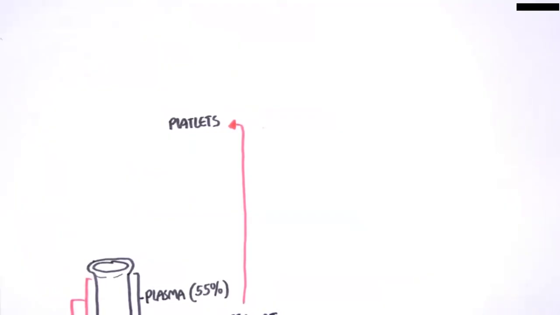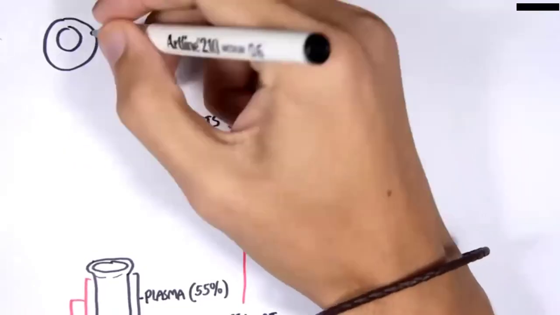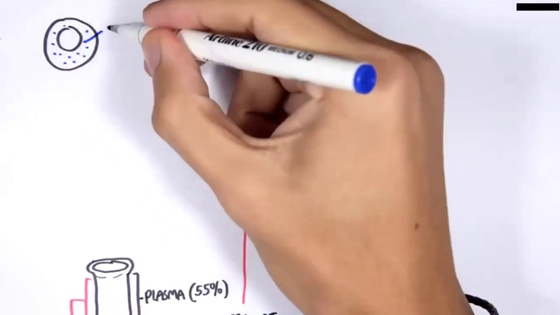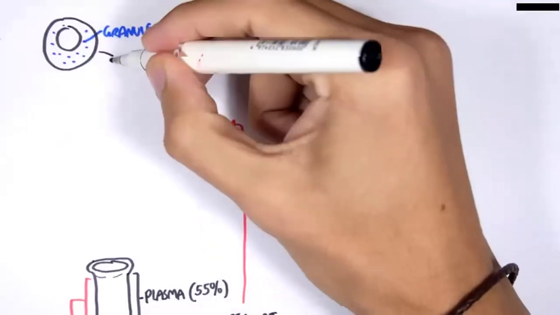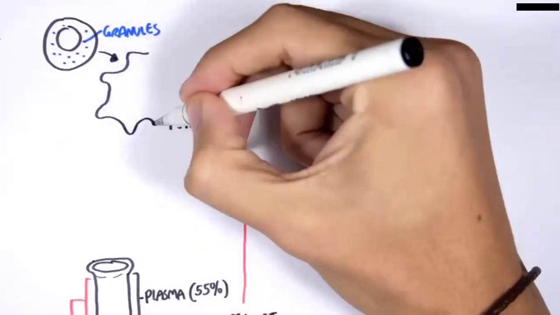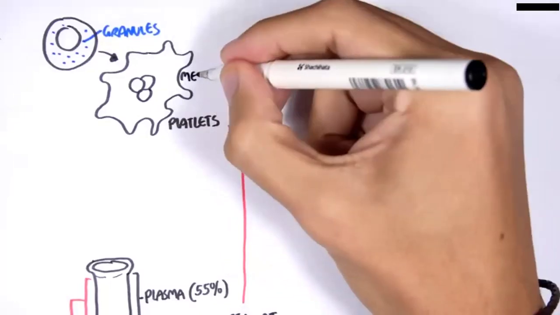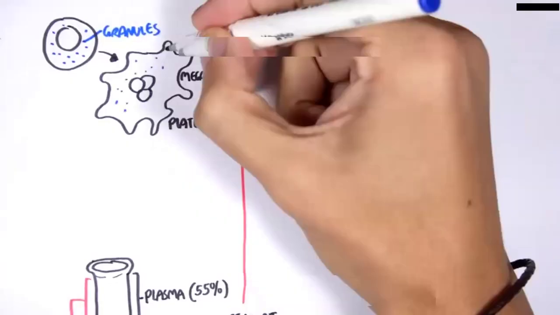So, where do these platelets come from? How are they made? Well, platelets originally come from cells in the bone marrow that have granules and differentiate into a cell known as a megakaryocyte.